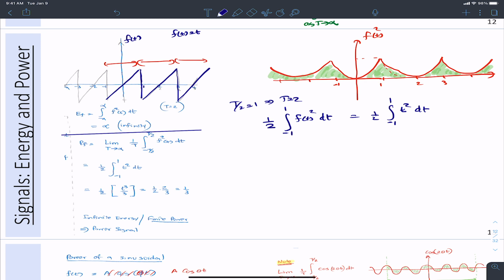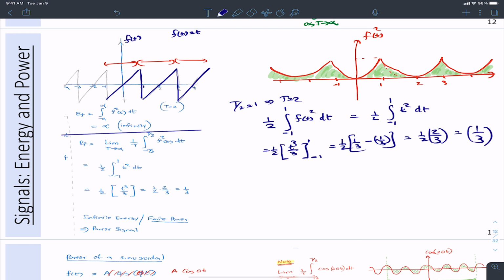I'm basically repeating what I wrote in the lecture notes. That's half times t cubed over 3, from -1 to 1, which is 1 over 3 minus minus 1 over 3, so half times 2 over 3, and that's going to be 1 over 3.